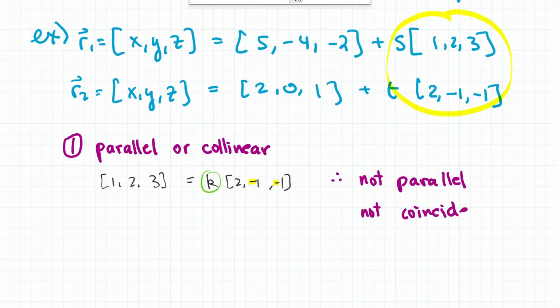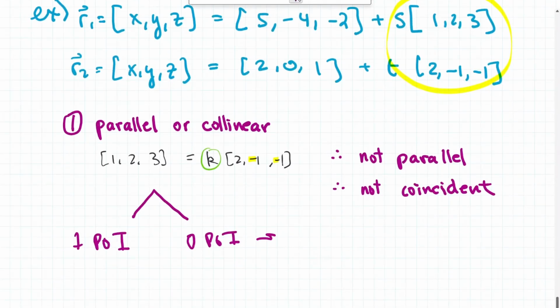Coincident, collinear, I'm just using those terms interchangeably. That means we now have two options. We can either have 1 point of intersection, or 0 points of intersection, and if we have 0, then our lines are going to be skew. So that's what we have to check.